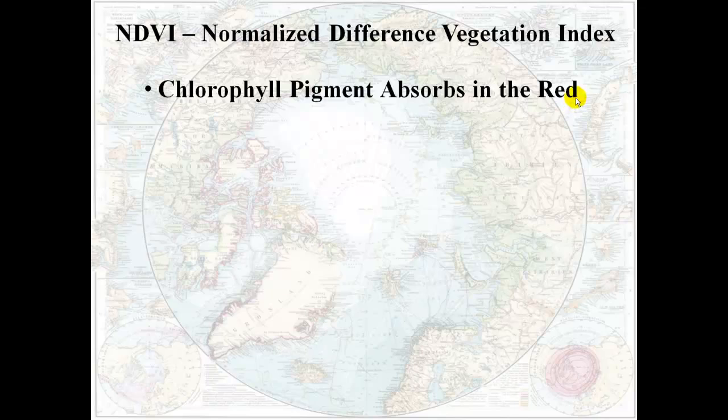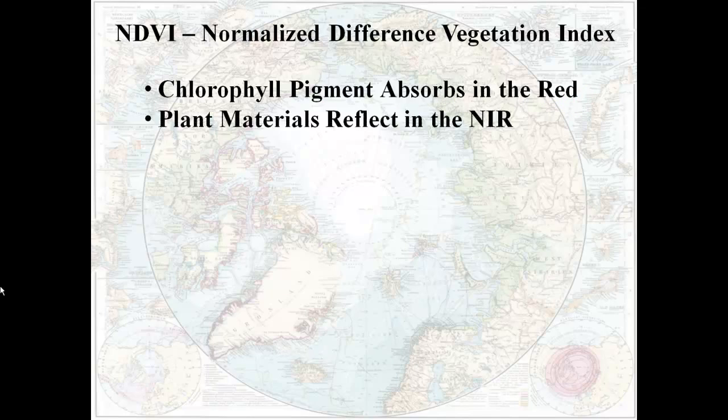So it takes that energy and it uses it to do photosynthesis. But plant materials don't want to absorb all of the energy from the sun because they'd get too hot. And if they got too hot, they would use too much water and they wouldn't be able to outcompete other plant materials that didn't need as much water. So they've evolved to reflect in the near infrared.